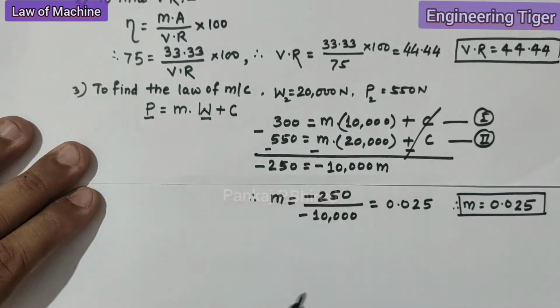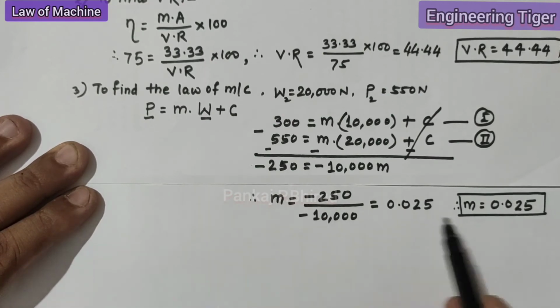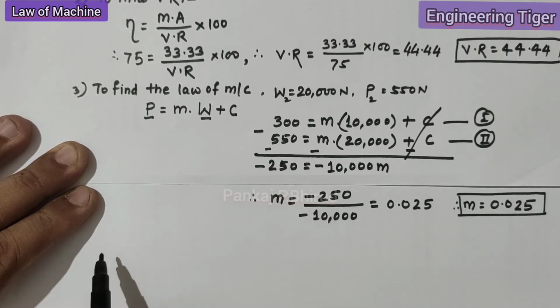Now by using this m, we can write down the law of machine in general for this machine.